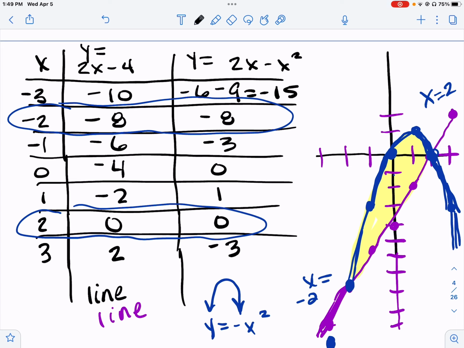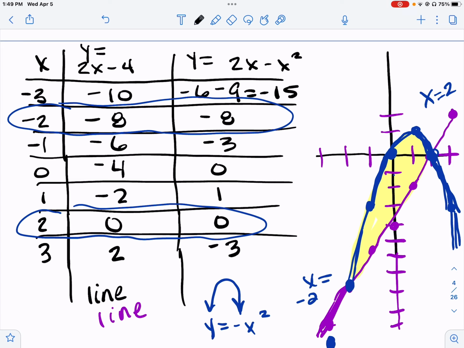Now that is our line, y equals 2x minus 4. That's the purple. 2x minus x squared is an upside down parabola. So the shaded area between -2 and 2 is the area we're finding.